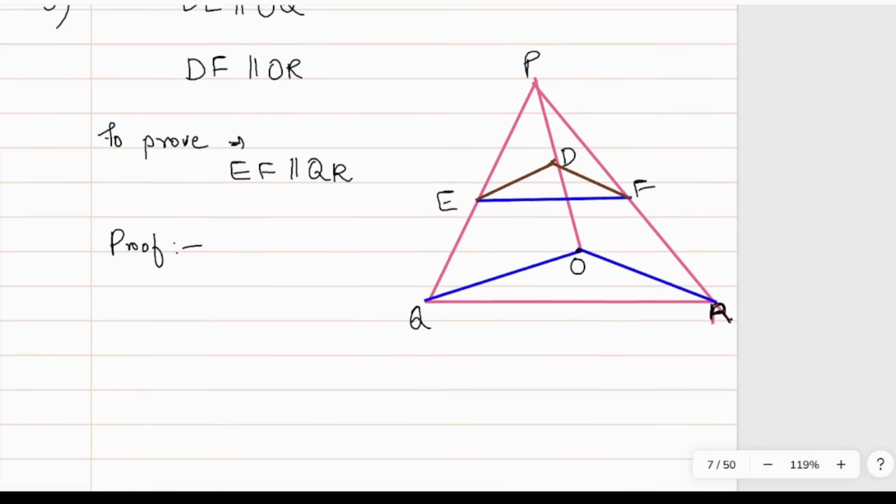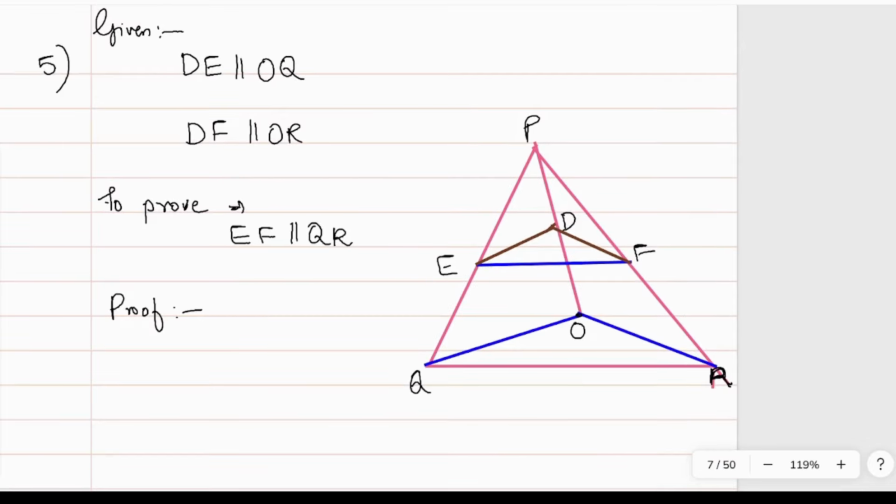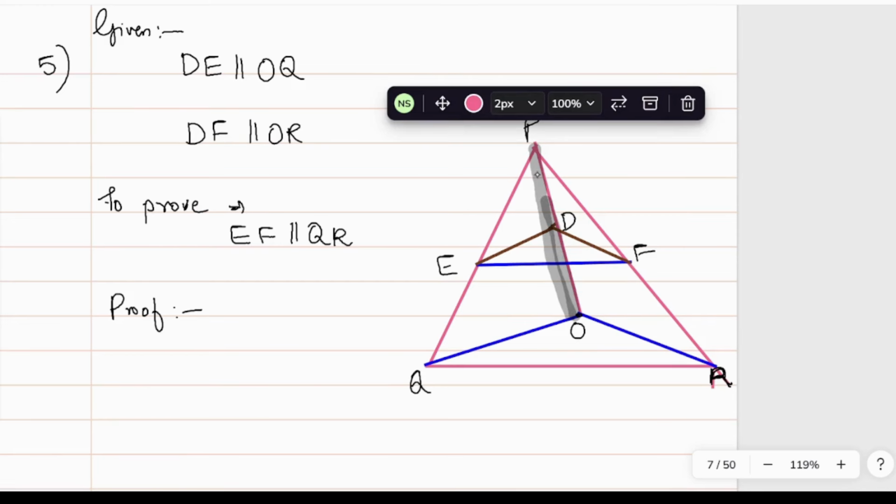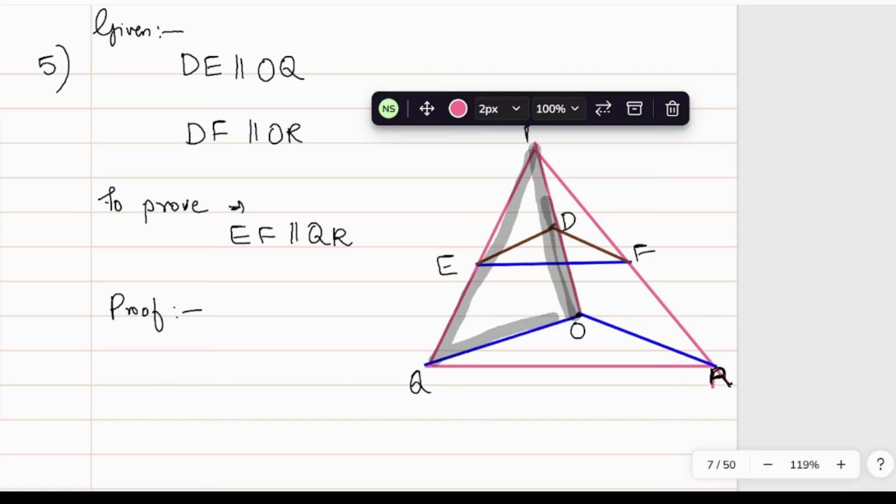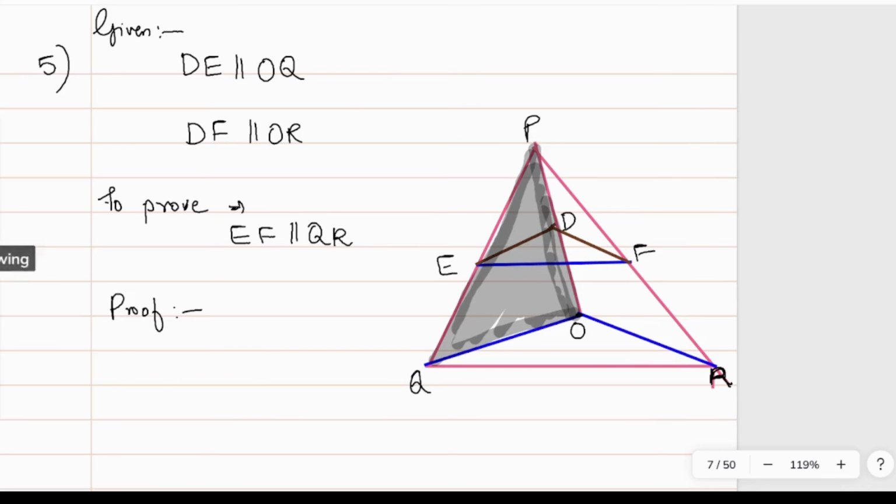What all things are given? DE is parallel to OQ. DE parallel to OQ means we have to select that triangle which contains those two parallel lines. Look, which is the triangle which contains them? Look, this is the triangle, right? Take this triangle in which DE and OQ are the parallel lines. So now what will I do? I will write in triangle POQ.